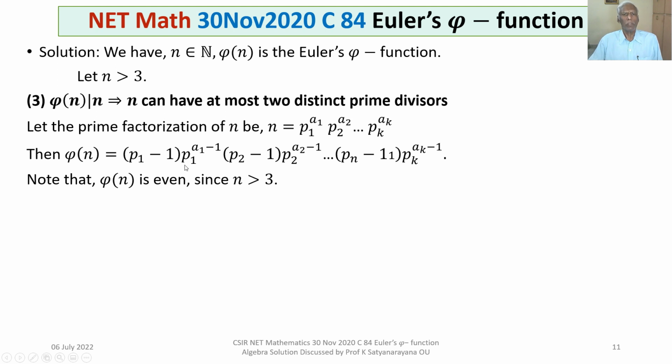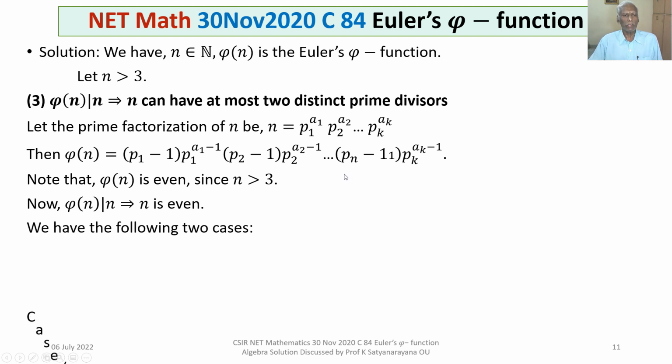Why are we considering n greater than 3? Because n greater than 3 means phi of n is even. Phi of n divides n, it is given to us, and phi of n is even, which implies n is even.